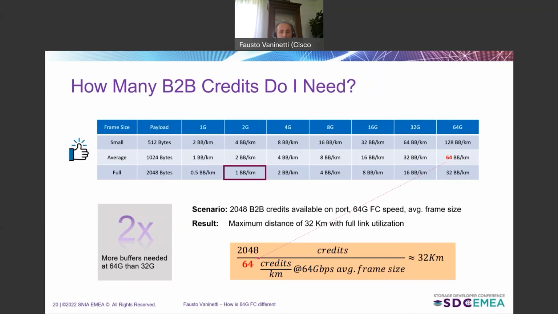If you go longer than that, you either have more buffer credits or your links will not be fully utilized. So the point is, when moving from 32 gig to 64 gig fiber channel, remember, you need to double the number of buffer credits if you want to keep the same distances.